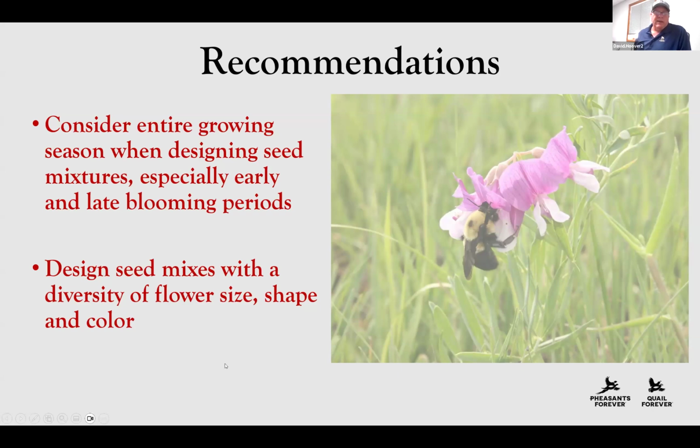And again, design a native seed mix with a lot of structural diversity, flower size, plant height, shape, and color. So diversity is kind of the name of the game, particularly, like I said, native diversity.